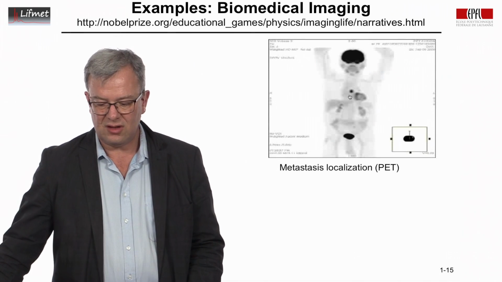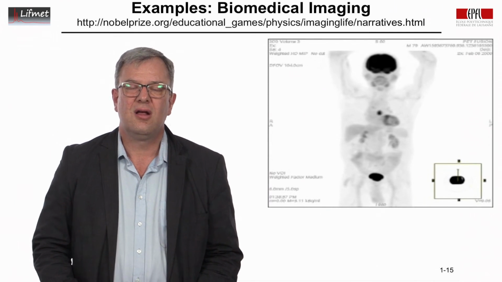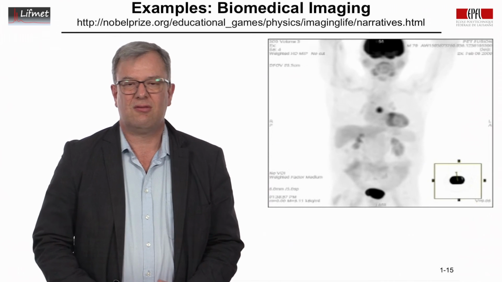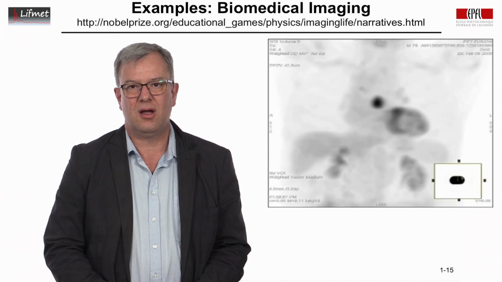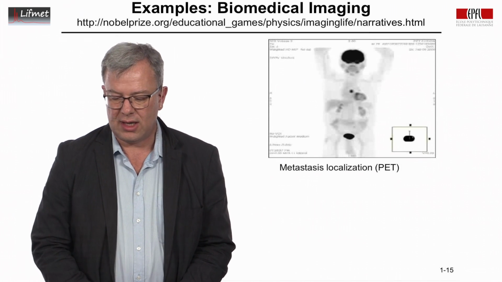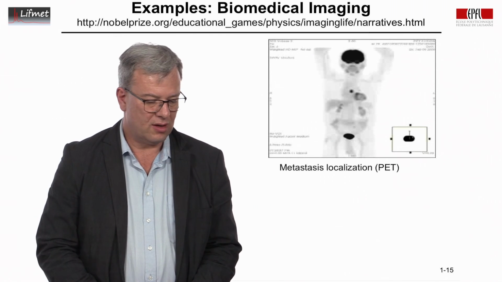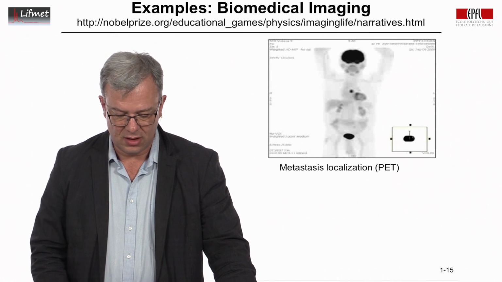Next to the heart, you can see this dark spot that shouldn't be there, and that is a metastasis. So with this technique, where it's used in practical means, is to detect metastases, determine how many metastases are there over the whole body, and this is of course important for deciding on what treatment approaches to use.